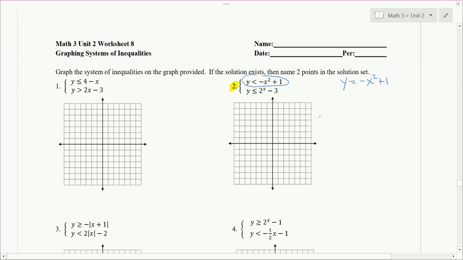So I'm going to find some of these points here. This is a translation of the parent graph up 1 unit, so I'm going to put a point at 0, 1, and then I'll plug in a couple points. If I let x be 1, then I get y is negative 1 squared plus 1, which is 0. So this point goes through 1, 0.